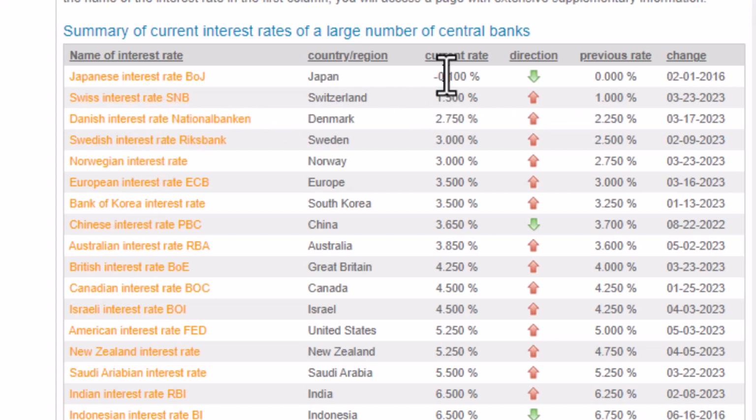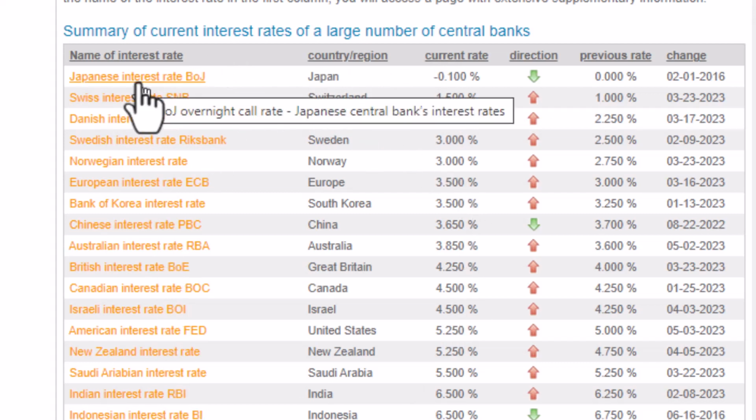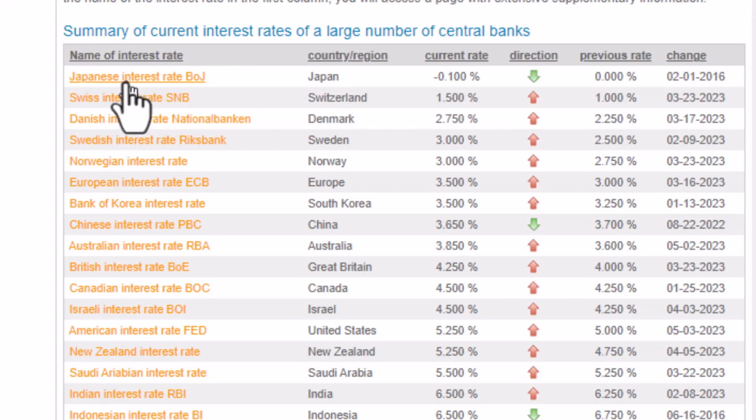So here, overall, the weakest currency we have is the Japanese yen. This is the weakest currency we have because the Japanese interest rate is minus 0.100, meaning this is the weakest currency in our chart. Hope you understand.